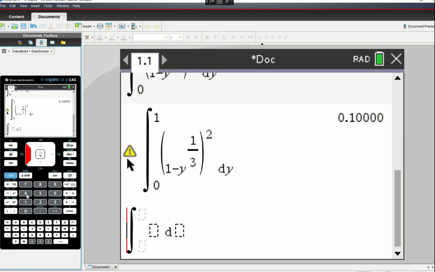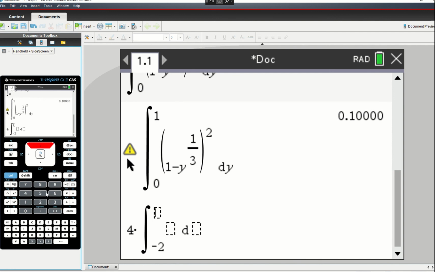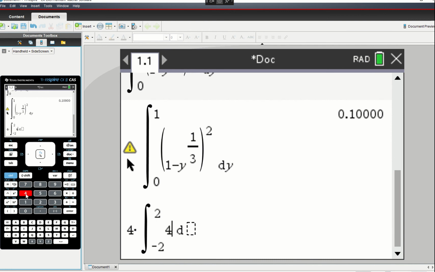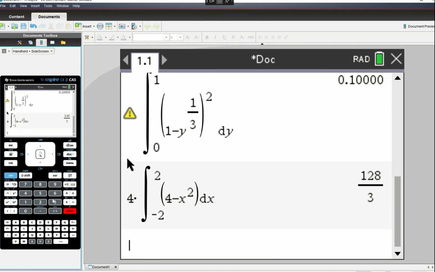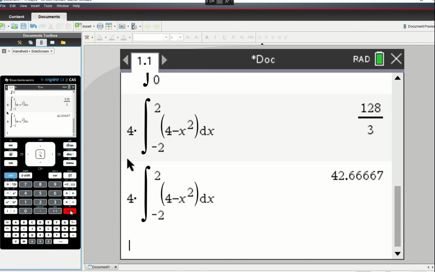So 4 times the integral from negative 2 to 2 of 4 minus x squared dx. Hit enter. And we get about 42.667.